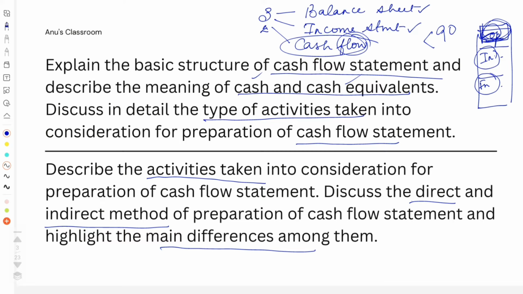But in the indirect method, we take into account our balance sheet and income statement, and from there we try to find out what changes happened in the assets and liabilities, and we adjust it into the net income from the income statement, and then write that as a cash flow in the operating activities. So that is the major difference between the direct and indirect method of preparing a cash flow statement.